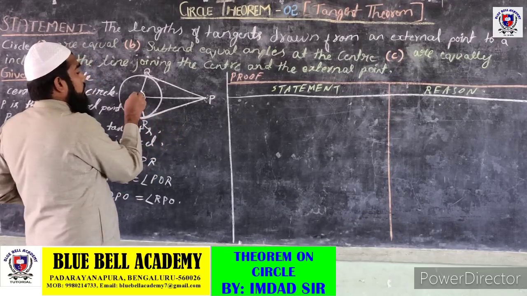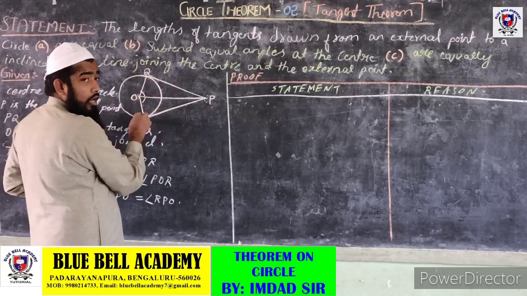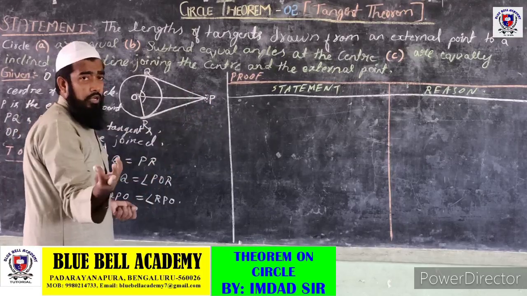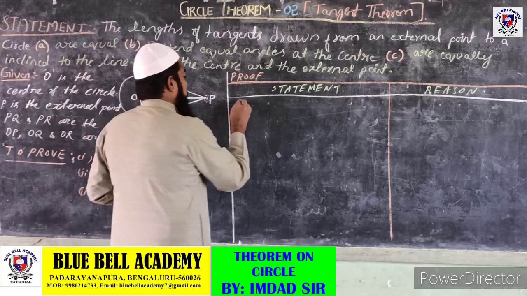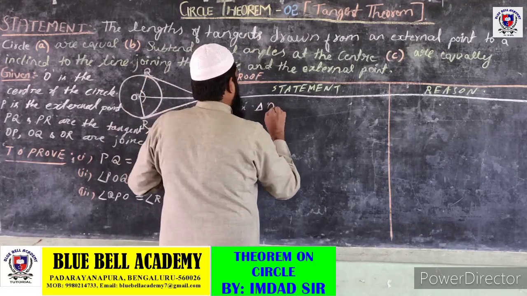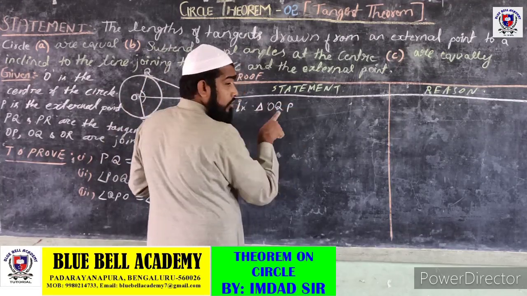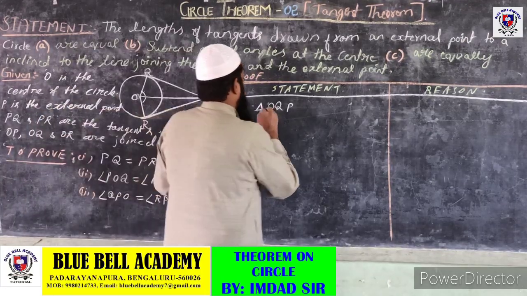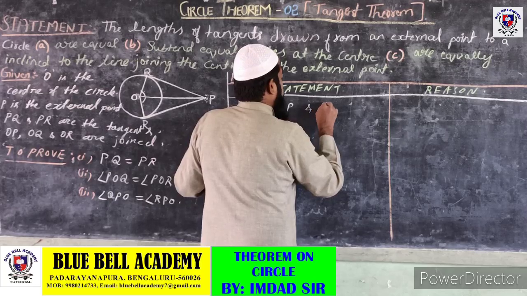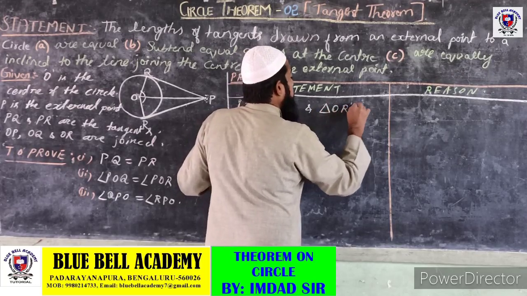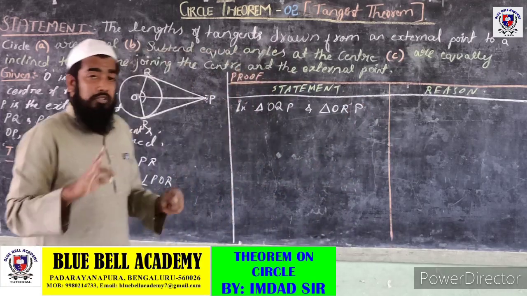But we will give it as OQP and ORP. So I can say in triangle OQP and triangle ORP. What are the things we are observing one by one?